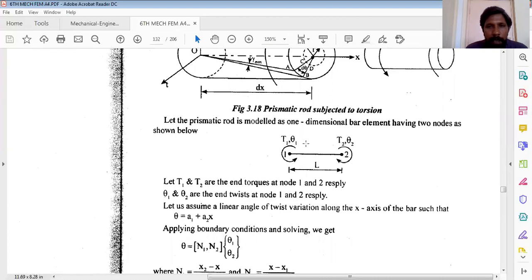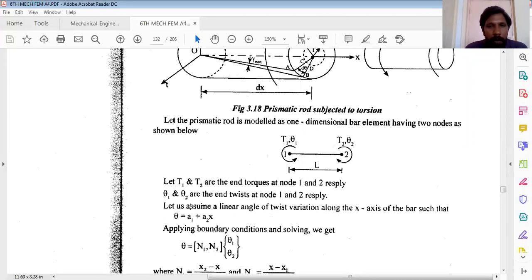We can derive the shape function related to a shaft subjected to twisting moment or torque in a similar way as that of the bar subjected to an axial force. Here there is a simple shaft element which is subjected to torque instead of force. In order to derive its shape function, let us consider the linear angle of twist variation along the x direction represented by a polynomial theta equals a1 plus a2x.